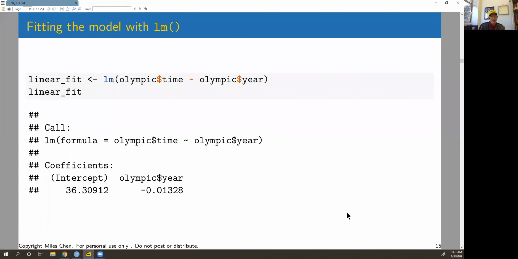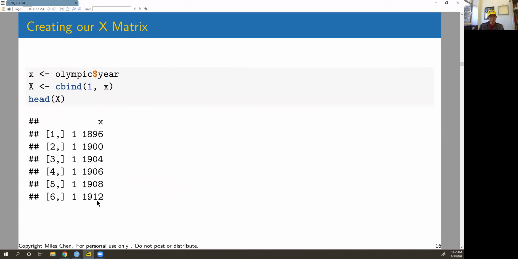If I use lm, it tells me that the intercept is 36.3, and for each year that has gone by, we're going to subtract off 0.013. Now, if the Olympics were held in the year 0, 2,000 years ago, we would have predicted 36 seconds. Obviously that wouldn't have been the case to run 100 meters. But here we go.